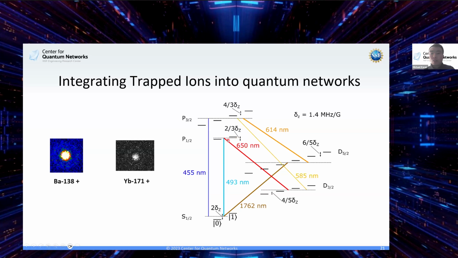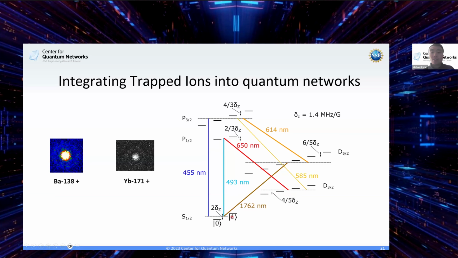Recall the 75% probability of decaying to the S state and 25% to the D state. Well, ytterbium has 99.1%. We don't use ytterbium there because it will be in the very UV.